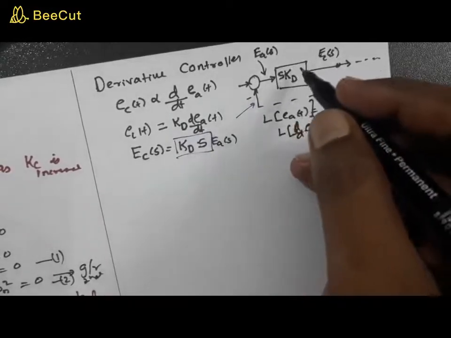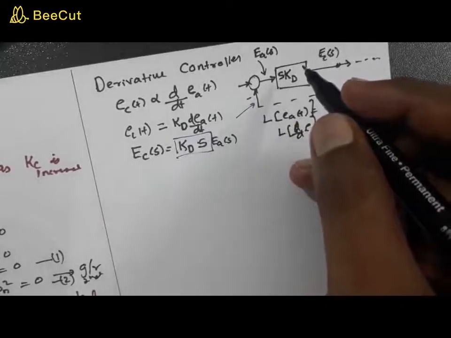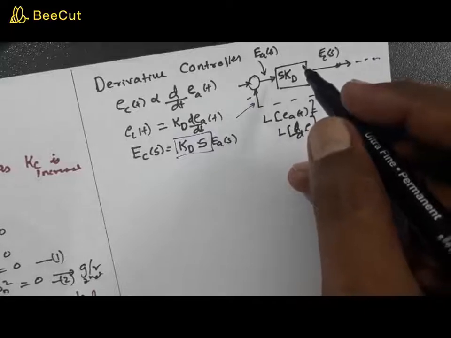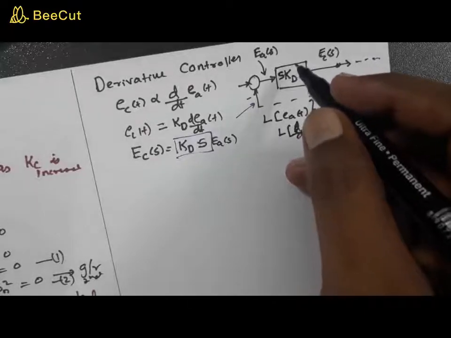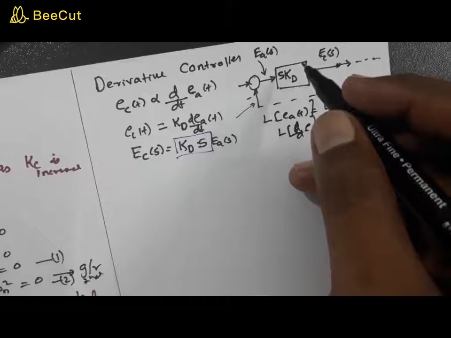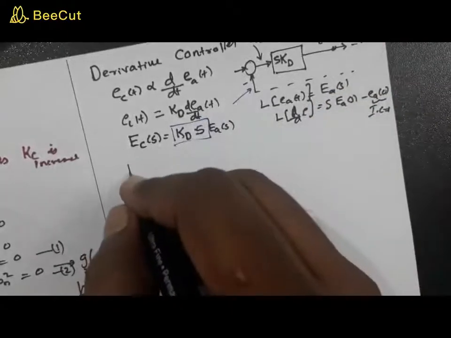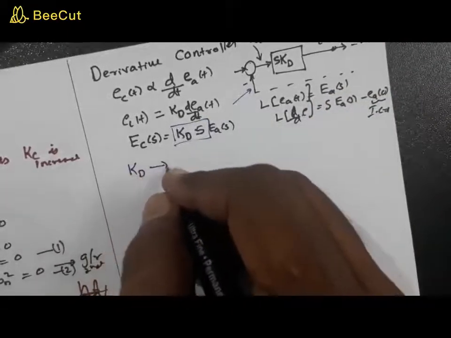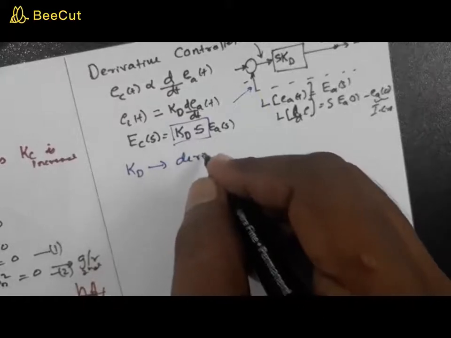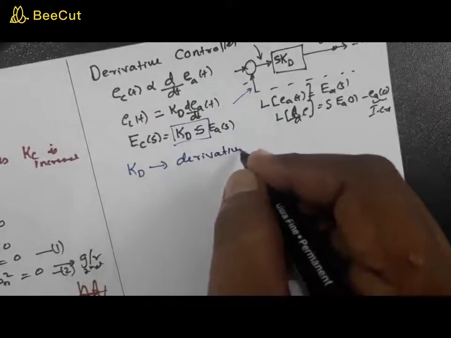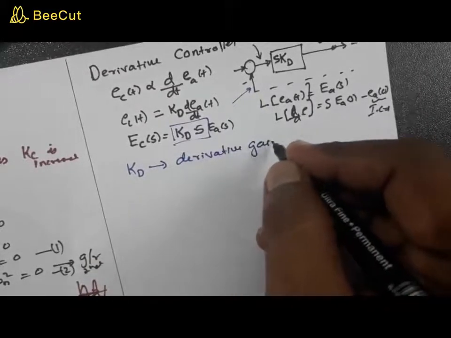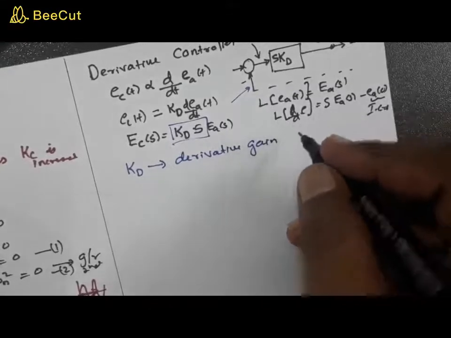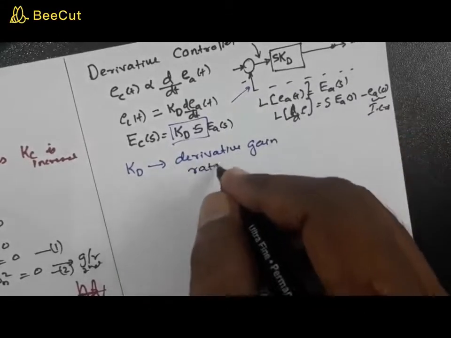So this s into Kd represents the derivative gain, or this Kd is what is called the derivative gain, or also the rate gain.